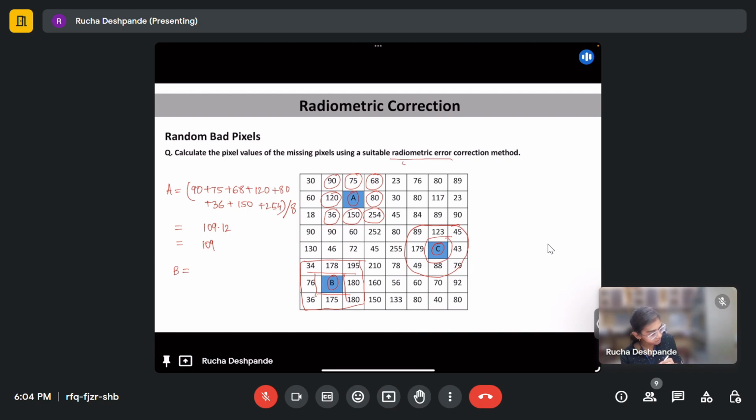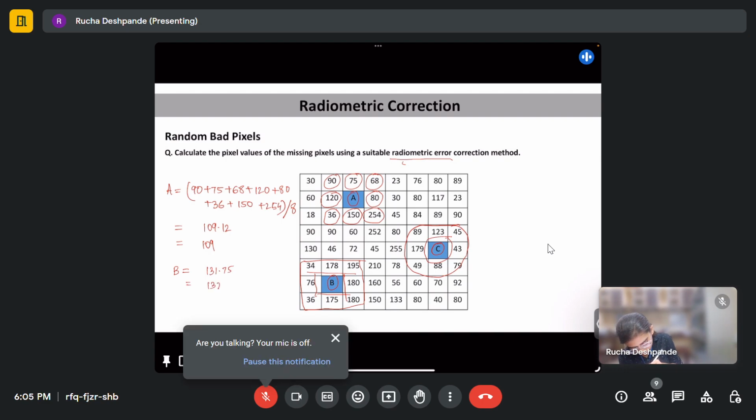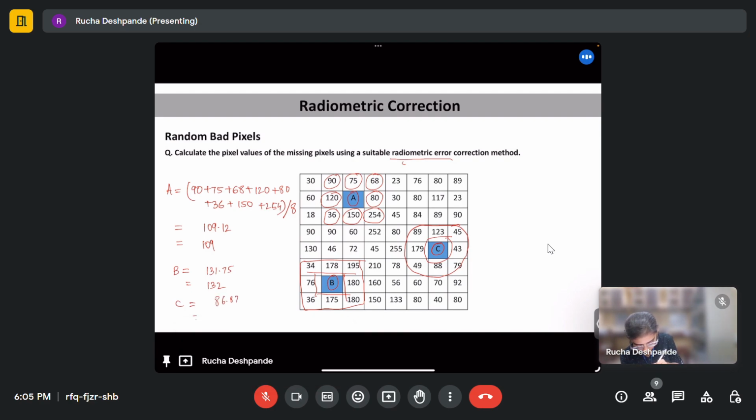I calculated this, and B is approximately 131.75, so we'll round it off to 132, and the value of C is 86.87, so it's 87. So we'll move on to the next problem.